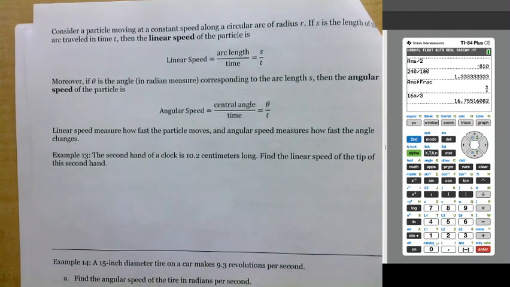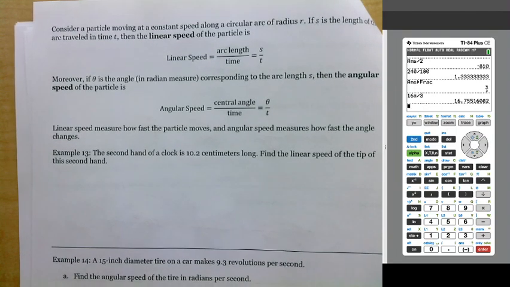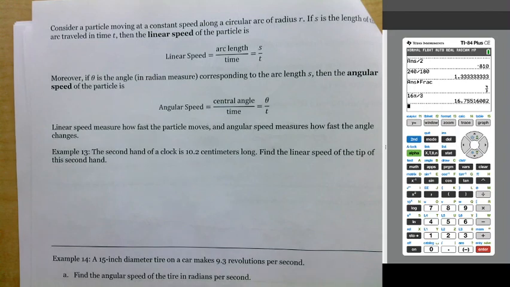Also, to find angular speed, it's very similar, but instead of calculating the arc length divided by the time, we just want to divide the angle through which it rotates by time. So linear speed measures how fast a particle moves in a circular fashion, how quickly it's moving, while the angular speed tells us how quickly it's rotating.